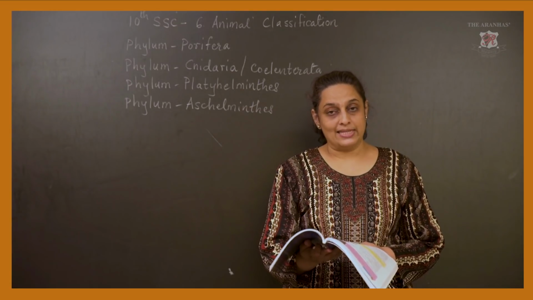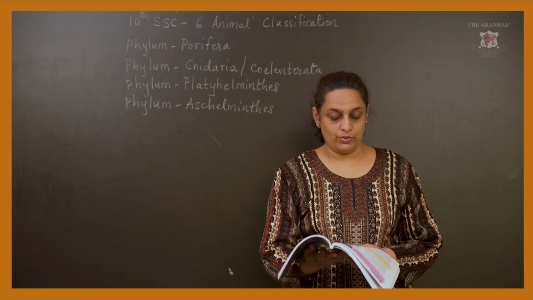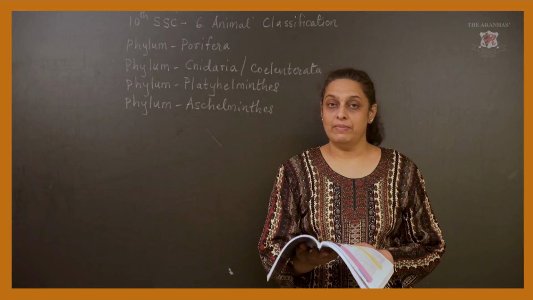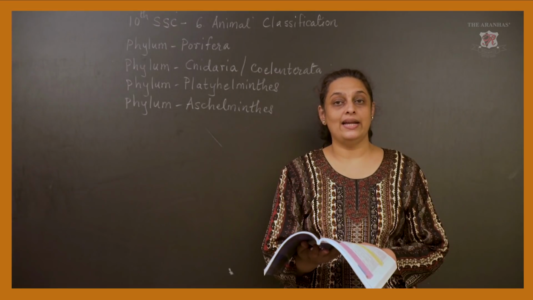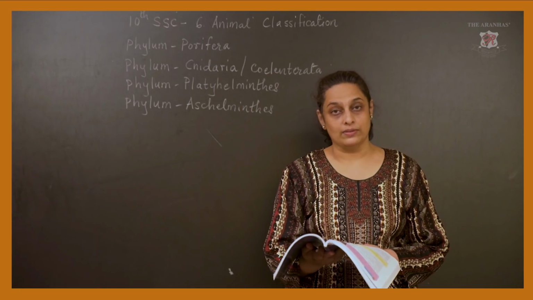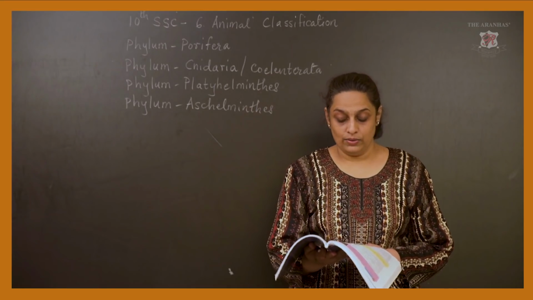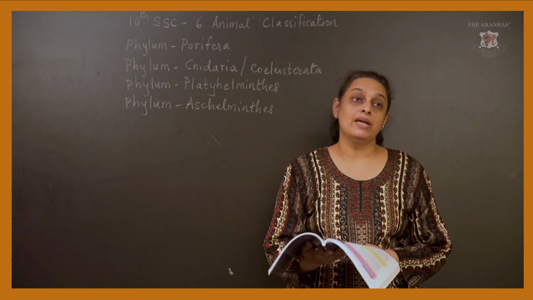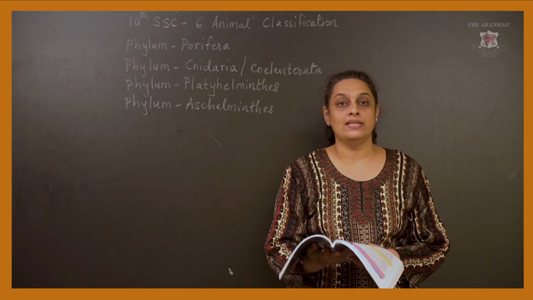Male and female Ascaris diagrams are shown. So you can see female Ascaris is straight, whereas male Ascaris has one end curved like a hook. Now female Ascaris is not just straight, it is bigger in size, it is broad in size.